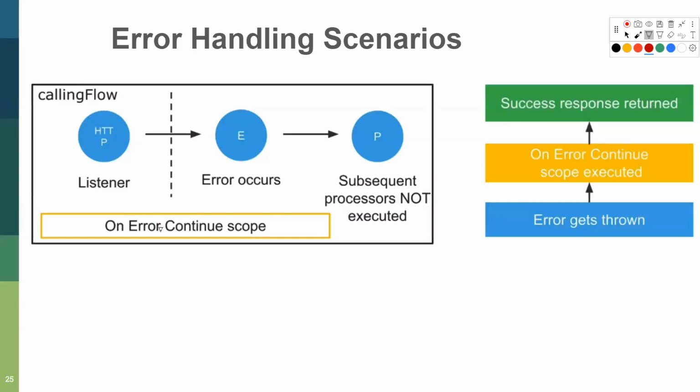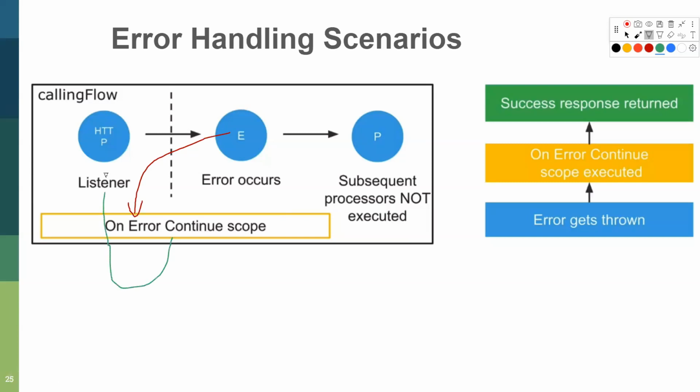So what about when we have an on error continue scope here? We have an on error continue scope, and the same way, an error happens on processor E. The error gets propagated to the error handler. So red in, green out for on error continue.